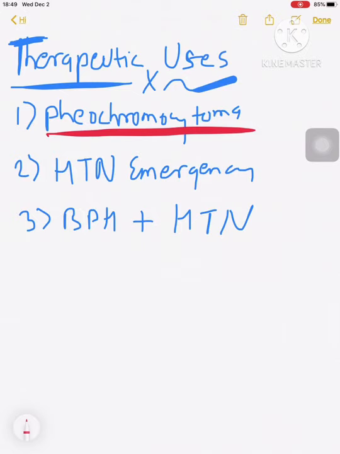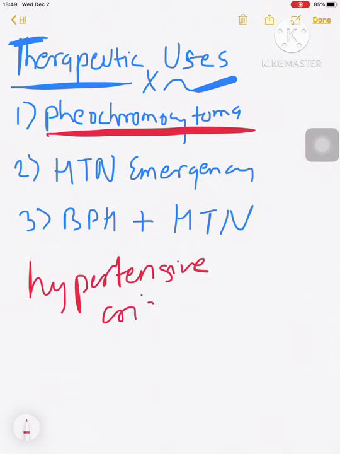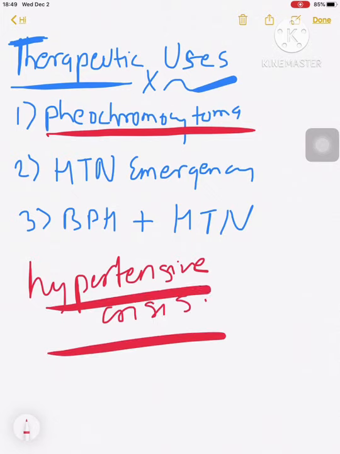So the sympathetic system will act on the alpha receptors, causing widespread vasoconstriction and hypertensive crisis. The large amount of catecholamines released from the pheochromocytoma tumor will cause a hypertensive crisis if there is no adequate alpha blockade before giving beta blockers.